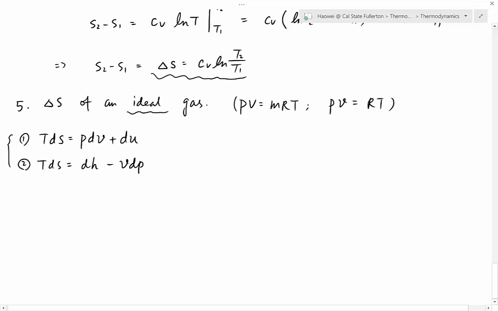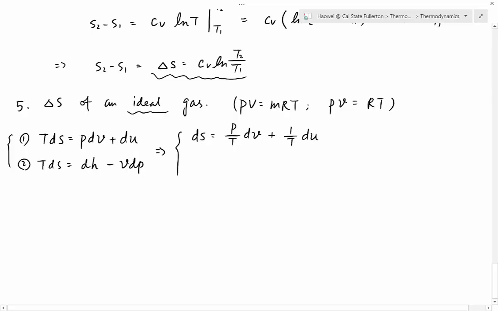So we start from the original Gibbs equations. And then what we do is we move temperature to the right-hand side. We divide every term by capital T. So the right-hand side becomes P over T d nu. And the second term becomes 1 over T du.